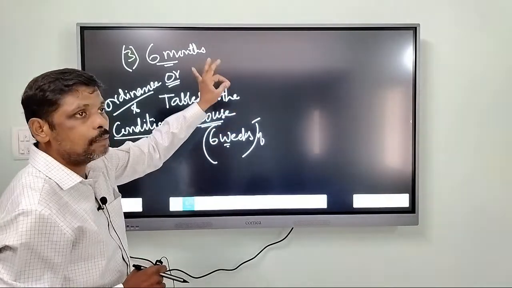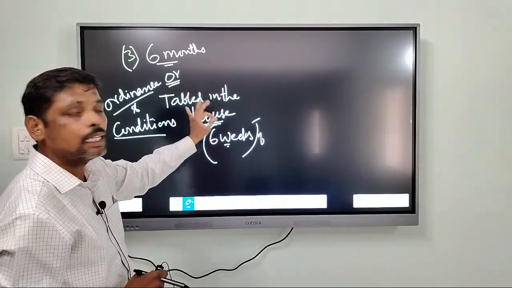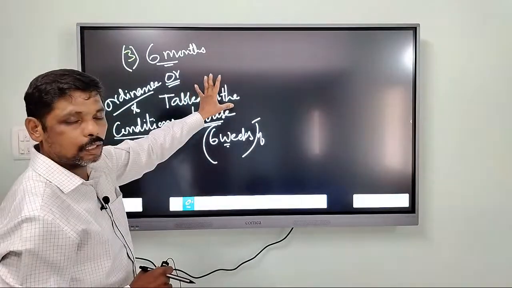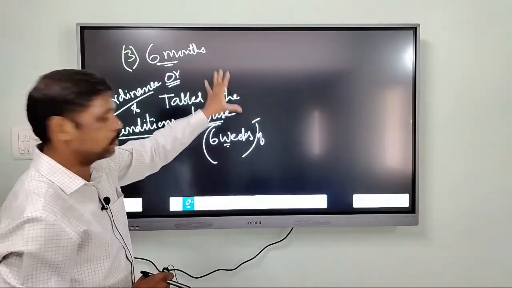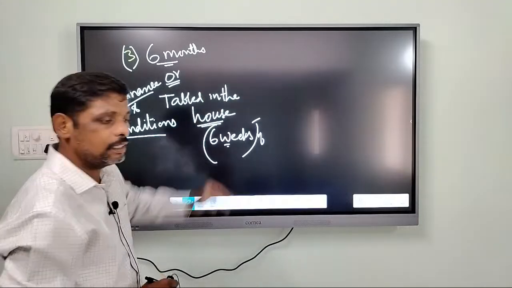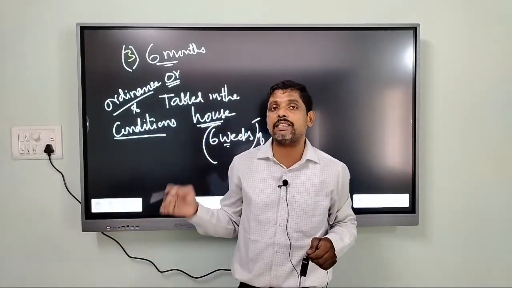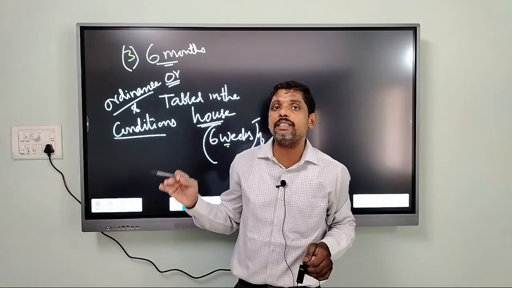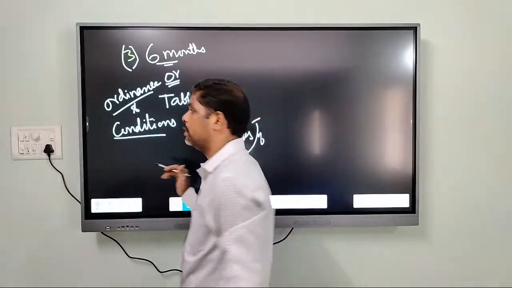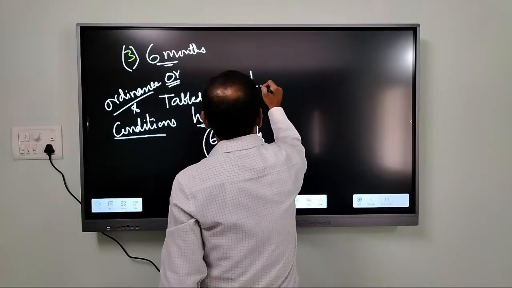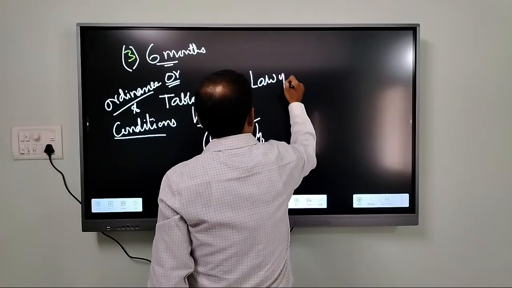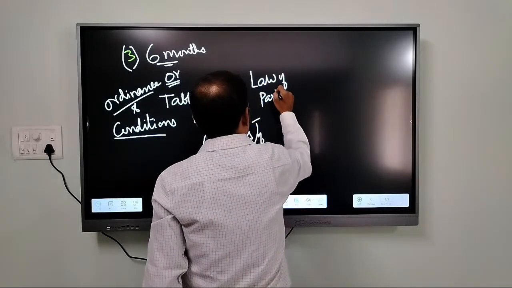Alright, that means discussion and debates in the parliament is essential to make this ordinance a law. So if the ordinance is passed in the parliament, this ordinance becomes a law of parliament.